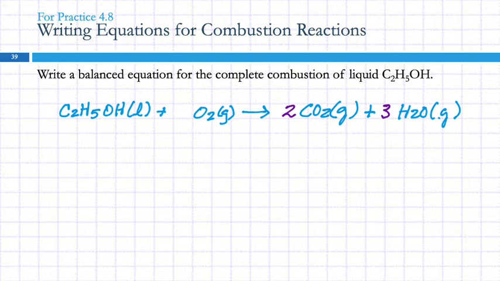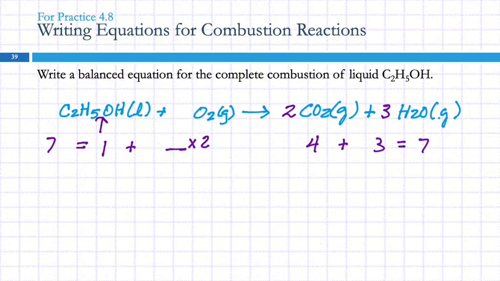So carbon and hydrogen are balanced, and now we have to figure out the oxygens. So I'm going to look over here and see what I've got. We've got 2 times 2 is 4 oxygens there, and 3 times 1 is 3 oxygens here. And that's going to be 7. Over here, I've got room for a coefficient times 2, but then I also have this guy, 3. So I need this side to also equal 7.